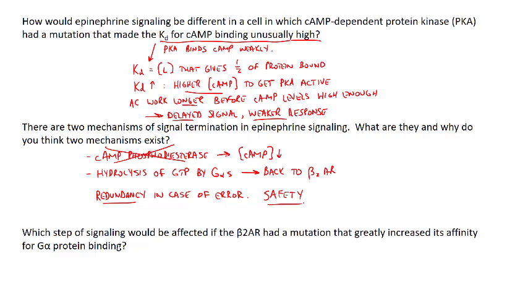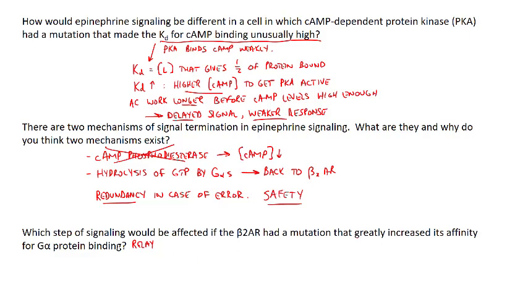Thirdly, which step of signaling would be affected if the beta-2 adrenergic receptor had a mutation that greatly increased its affinity for G-alpha protein binding? Which step of signaling? I'm going to tend to say the relay, because that is the point at which the signal gets carried into the cell, and it's the interior of the cell part of the signaling that's carried by the G alpha protein.